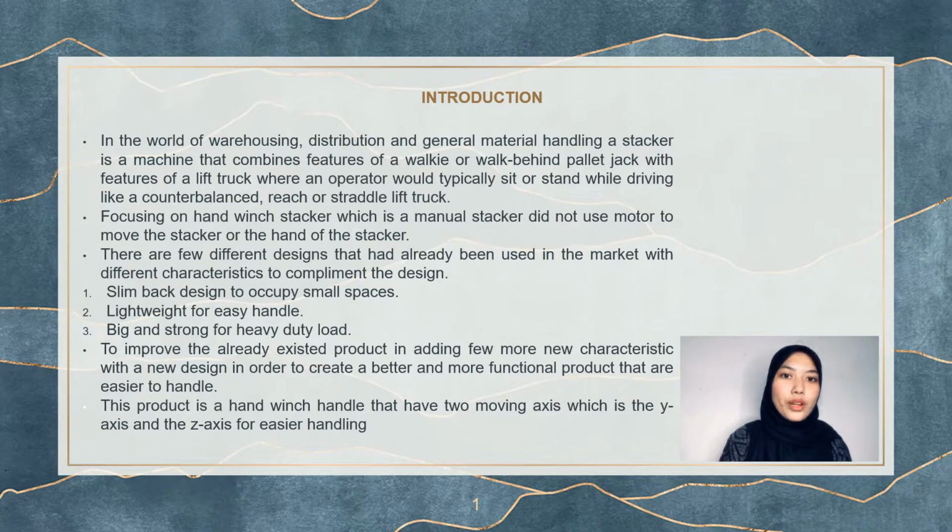To improve the already existing product by adding a few more new characteristics with a new design in order to create a better and more functional product, they are easier to handle. This product is a hand winch handle that has two movements, which are the Y axis and the Z axis, for easier handling.